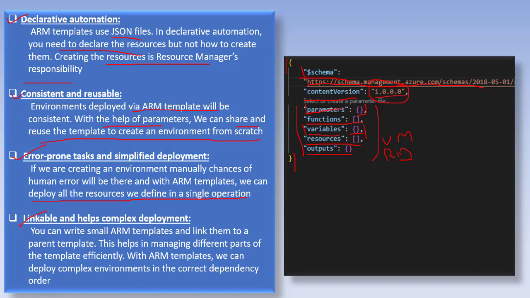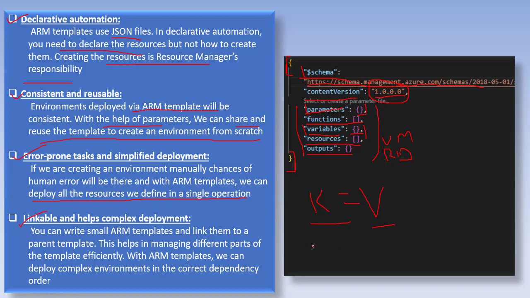And very importantly, it starts with the curly braces, it ends with the curly braces. What do I understand with curly braces? Curly braces is a key value. It's a dictionary. So when there is a key, there is a value. So there is a name.